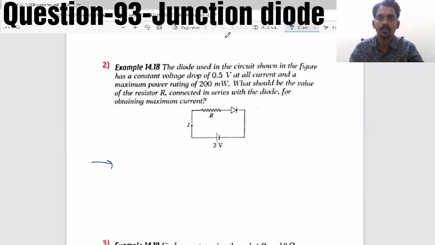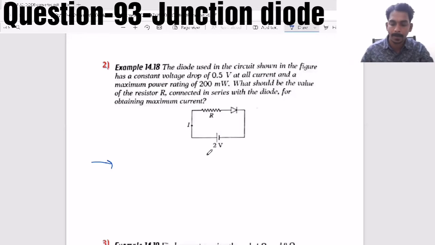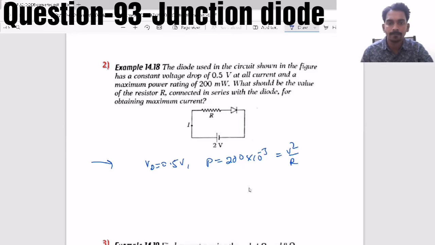So here, the voltage across the diode is 0.5 volt and the power is 200 milliwatt. So power equals V square by R, or V into I, or I square R. Here they did not mention anything like the diode having some resistance.